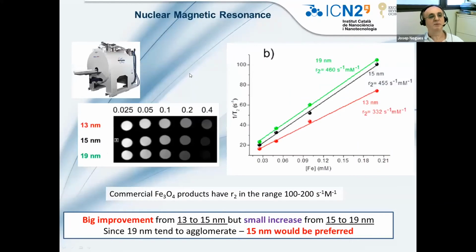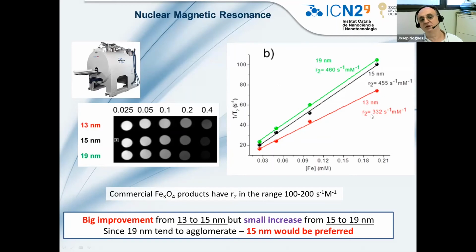So next we tried some magnetic properties. First we did some nuclear magnetic resonance studies. And you see here that as the concentration increases, the sample becomes blacker, meaning we have a larger MRI signal. But when we analyze the results, we see that when we go from 13 to 15 nanometers, there is a big improvement in the relaxivity.